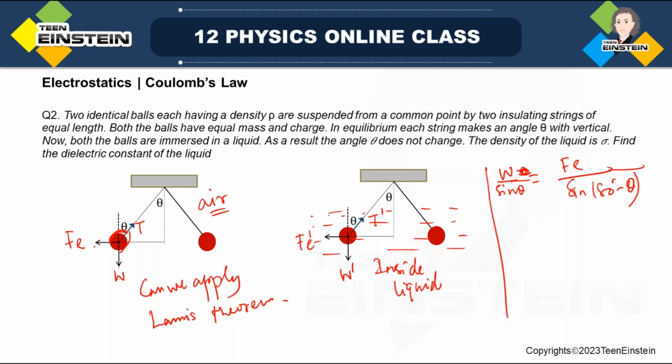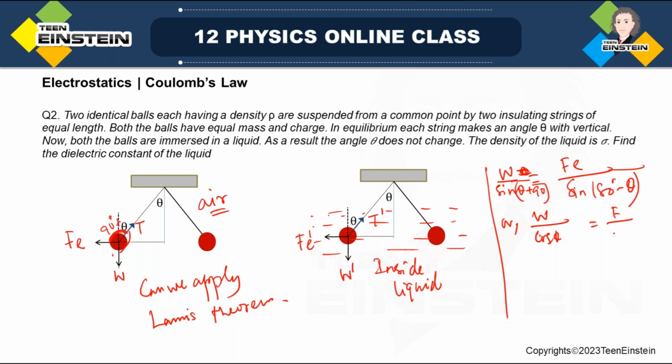Now look, I think I have made some mistake here. It should be 90 plus theta, because W is here, so I have to take this angle. So this is 90 degrees plus theta, which is actually cos theta.